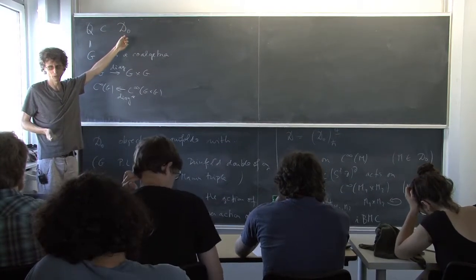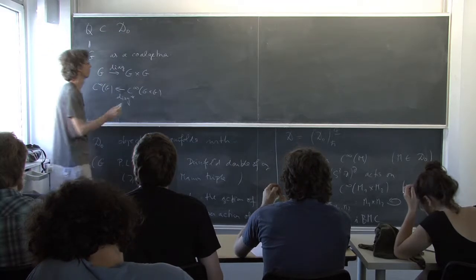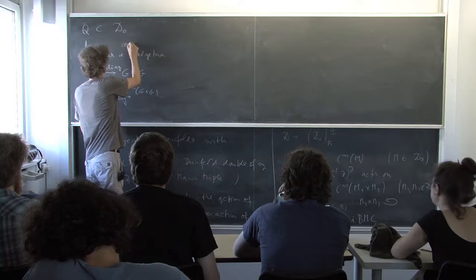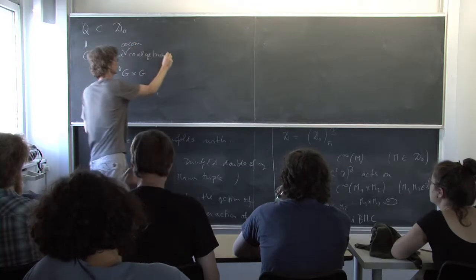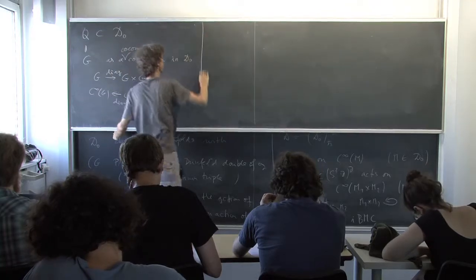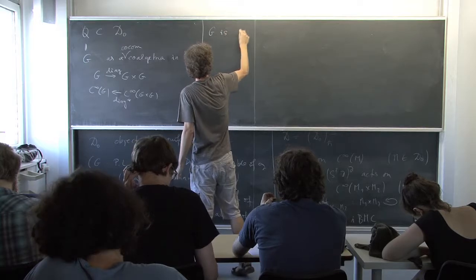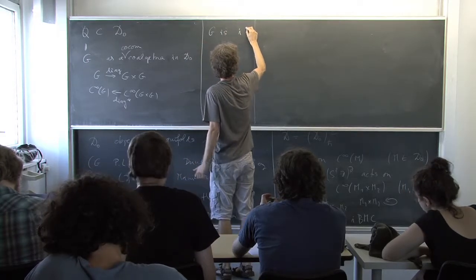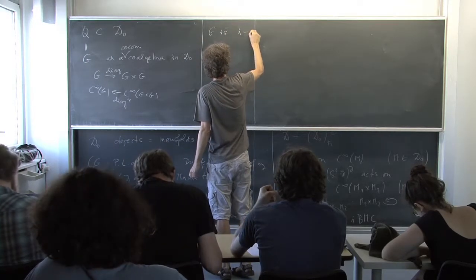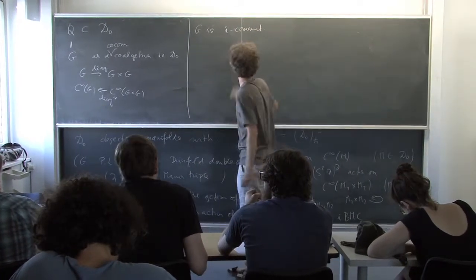When we don't quantize and when there is no associator, then everything is fine. This is a co-commutative coalgebra in D0. And the thing is that this G is again infinitesimally co-commutative, sorry.